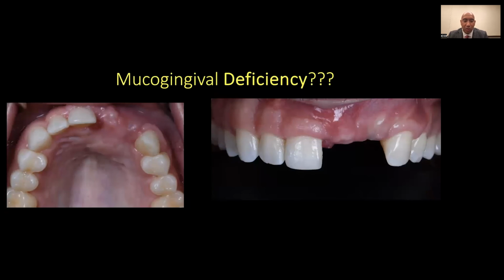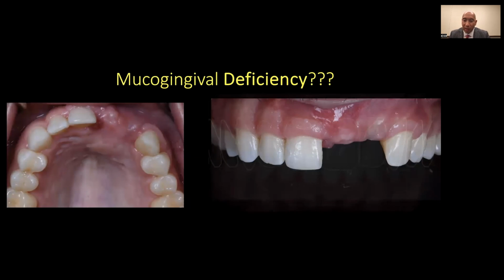So the patient was also complaining about how he has kind of a lump or a convexity of soft tissue, right lingual to the central and the lateral number 9-10 area. Because he also is deficient in keratinized tissue, he has good volume, he has good thickness, but the keratinized tissue looks terrible, especially if we're thinking about doing any type of crown lengthening to address his gummy smile or the short square teeth.